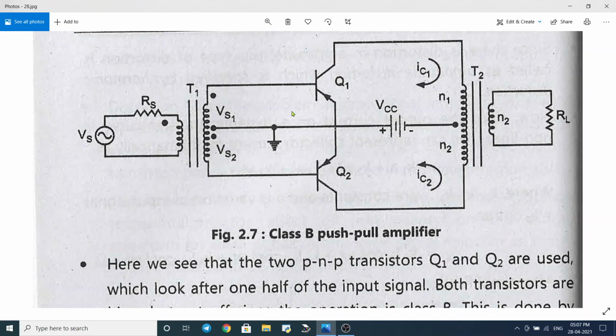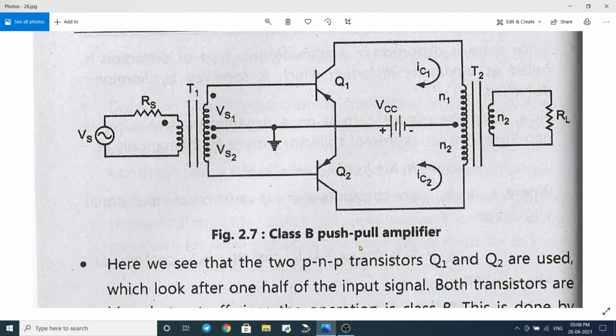That means there are unequal positive and negative peaks or amplitudes in the output signal, and there is distortion. Now to overcome this problem, we use class B, so that each half cycle of the input signal is amplified separately by one transistor. For example, the positive half cycle will be amplified by transistor Q1 and the negative half cycle will be amplified by transistor Q2.